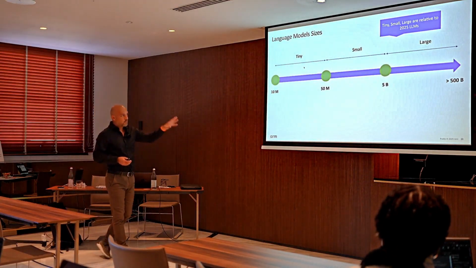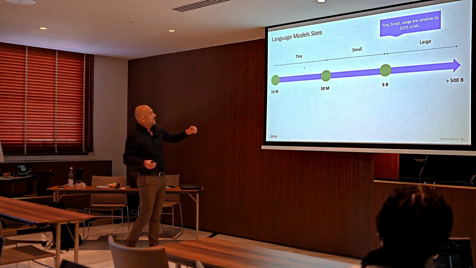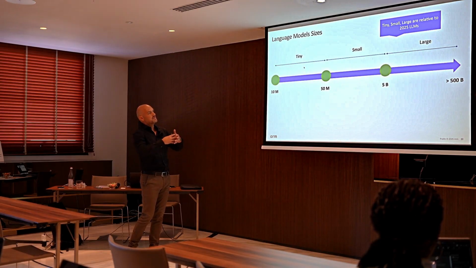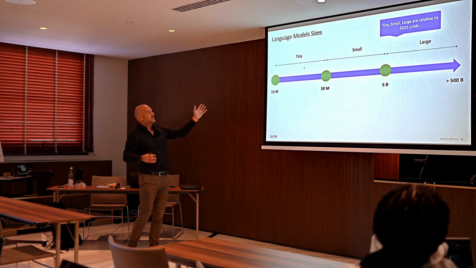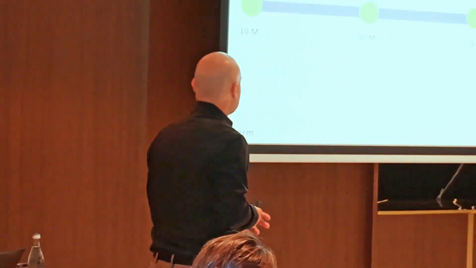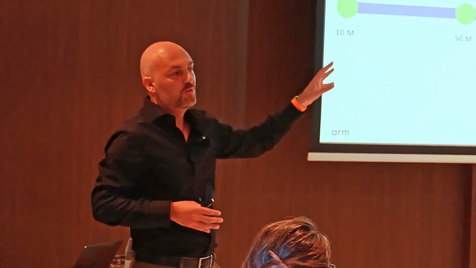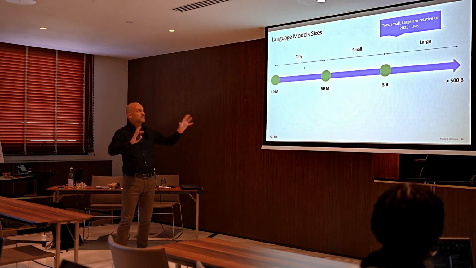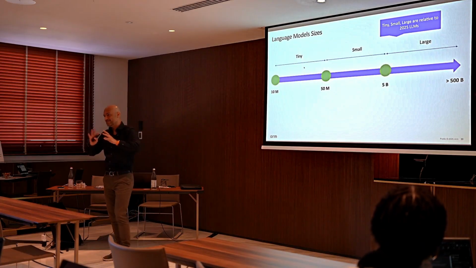This is from 2025 LLMs, and this is more or less the separation between the categories. Tiny is between 10 million and 50 million, and I forgot to put the unit: it's the number of trainable parameters. So between 10 and 50 million, we usually consider tiny. Well, tiny is a big statement, but trust me, it's tiny.